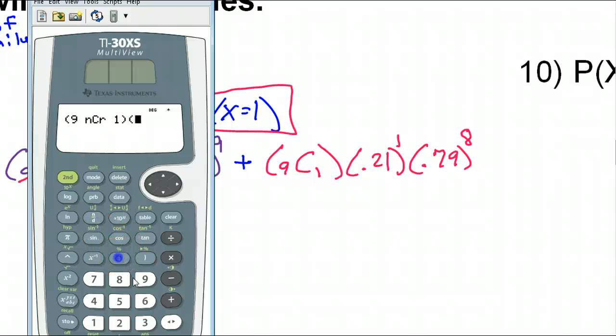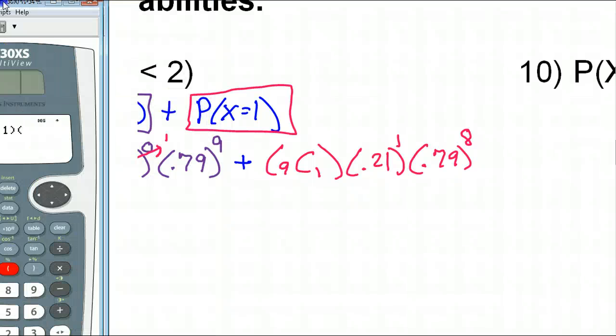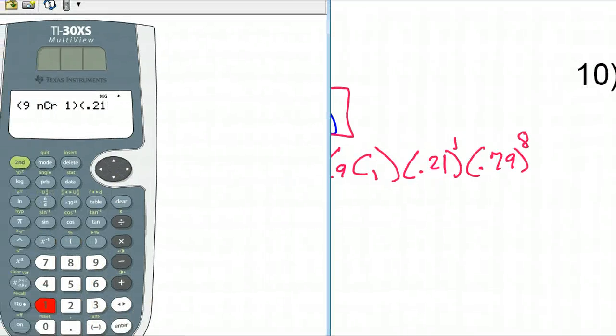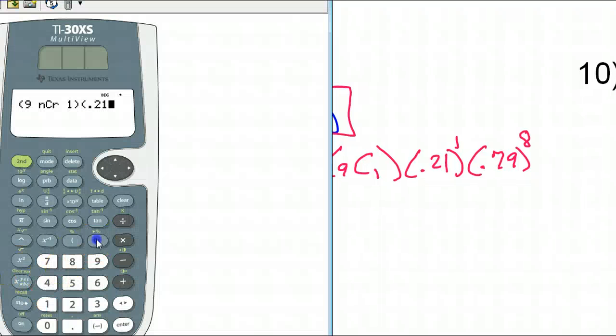And then it will be times 0.21 to the 1 power, which I didn't really need to put, did I? And then times 0.79 to the 8th power. So that's 0.2867.